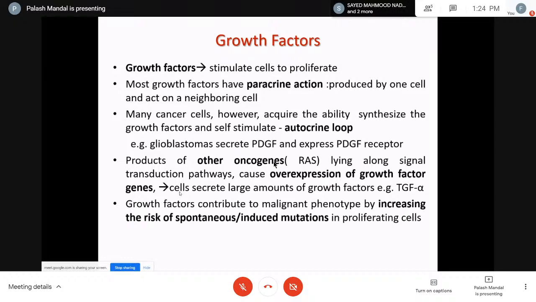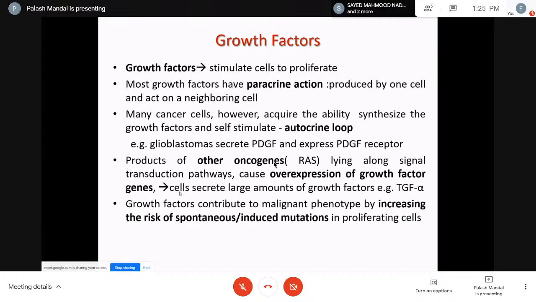Now, as it is well understood that growth factors, they stimulate cells to proliferate, but they need to have an attachment. They cannot just go and ask the cell to proliferate by themselves. So each growth factor, suppose epidermal growth factor is there, that will only attach to EGFR, that is epidermal growth factor receptor.